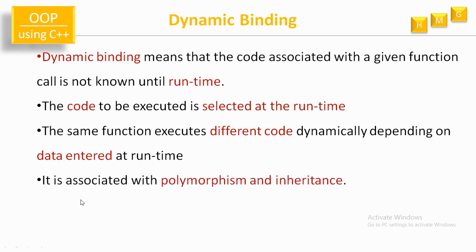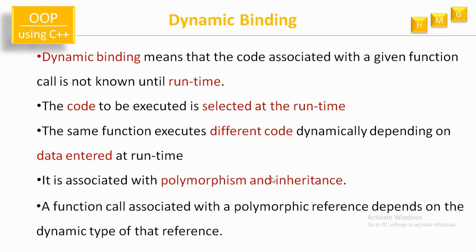It is associated with polymorphism and inheritance. So this concept of dynamic binding is part of polymorphism and inheritance. A function call associated with a polymorphic reference depends on the dynamic type of that reference. Just as I explained, the same thing is explained here again.